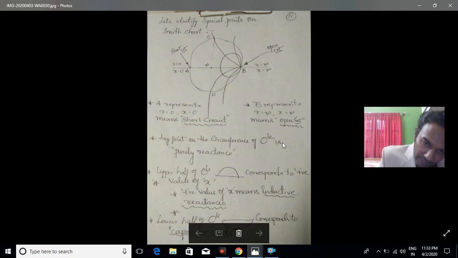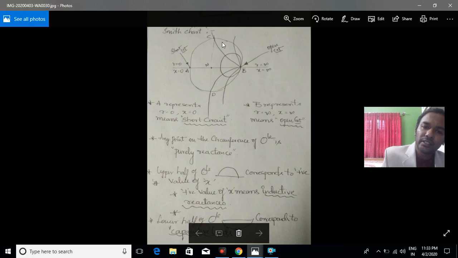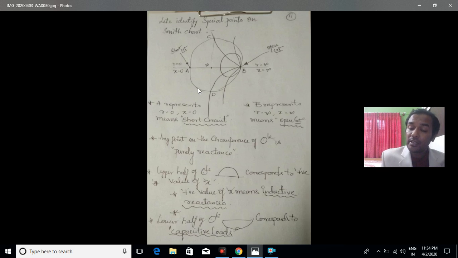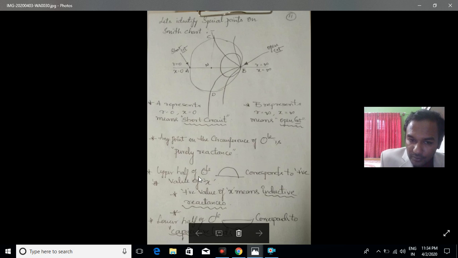Any point on the circumference of the circle, the unit circle, is purely reactance. Suppose here there is a point, here there is a point, here there is a point. All these represent a purely reactance point. Next, the upper half of the circle corresponds to positive values of X. Positive value of X means inductive reactance.